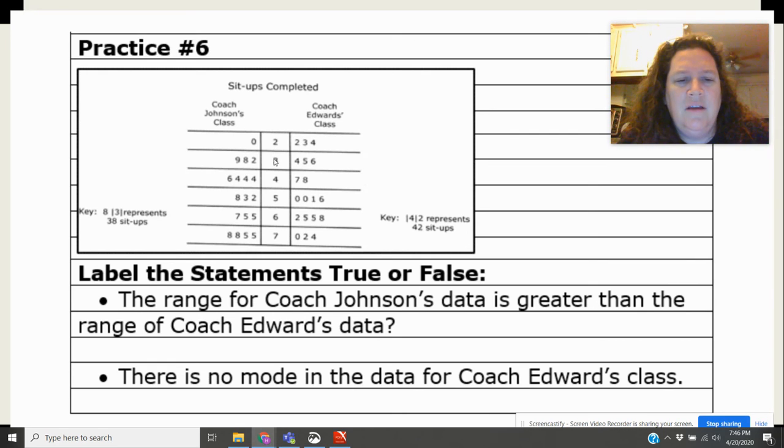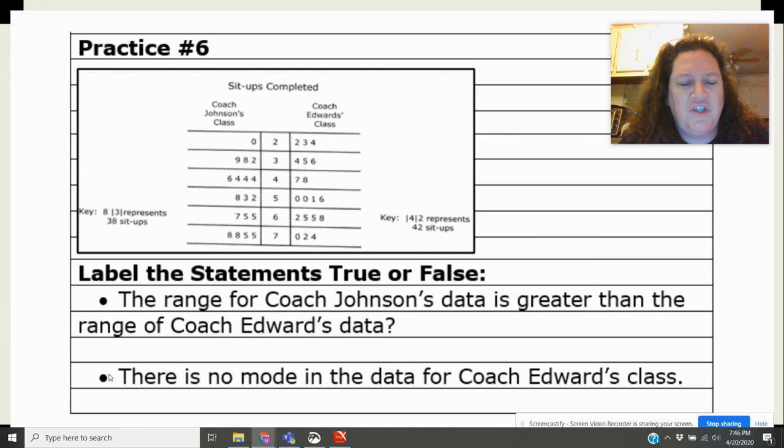So this is 20, 32, 38, 39, 44, 44, 44, 46, 52, 53, 58, 65, 65, 67, okay? The other side is what you're used to, 22, 23, 24, 34, 35, 36, 47, 48.